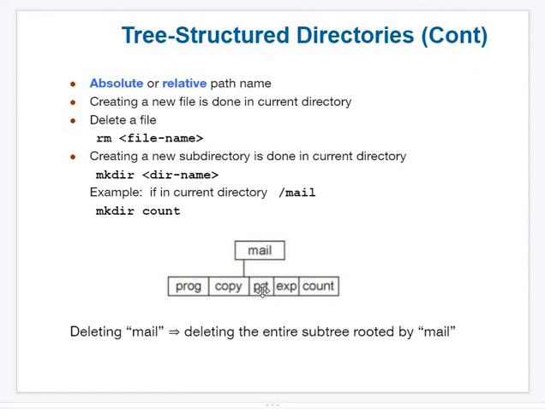You are in PRT. If you delete PRT, nothing will happen to program, copy, expect and count. But if you delete mail, all these subdirectories will become dangling. It will collapse the complete tree with mail as the root. I hope it is clear now with the tree structured directories.